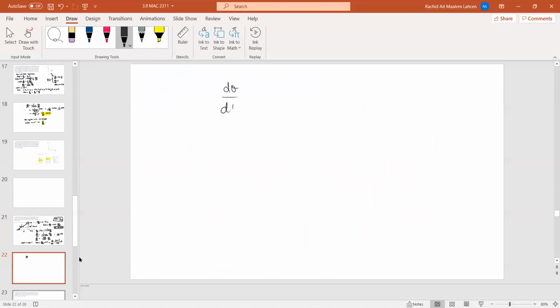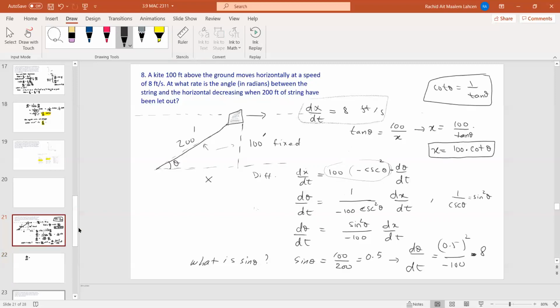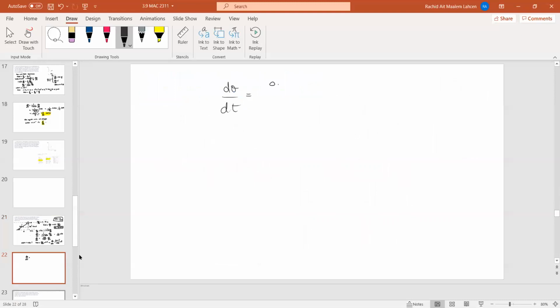So d theta dt is going to be, so that's squared here, right? So 0.25 times 8 over 100, so we get 200, and we get negative 1 over 50.